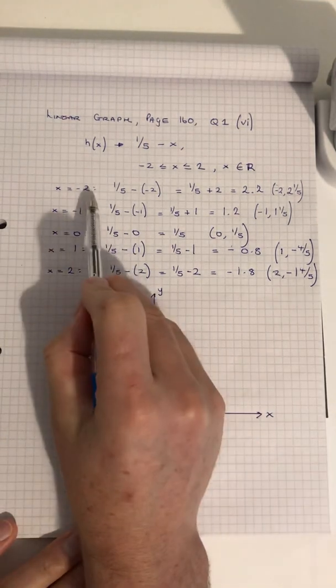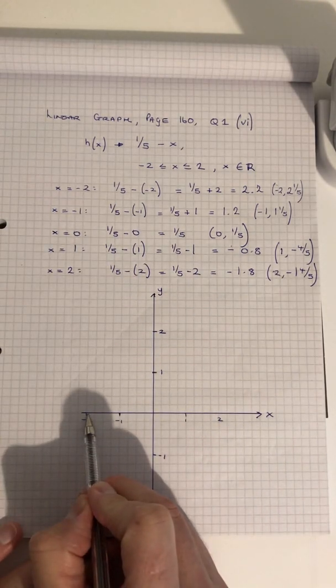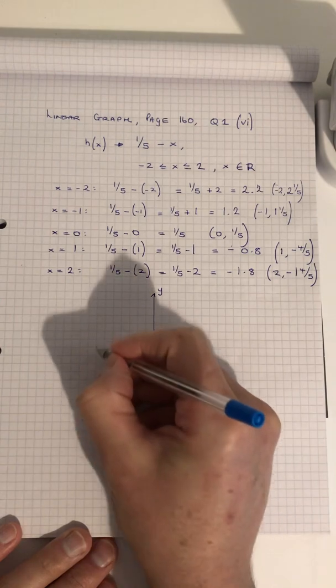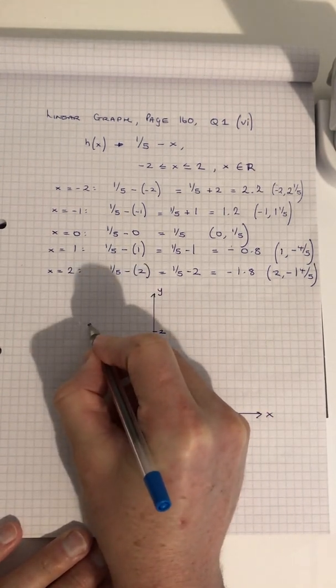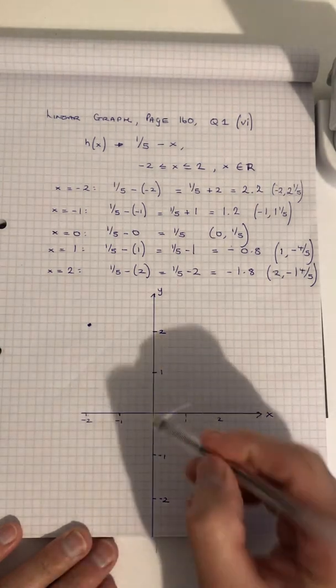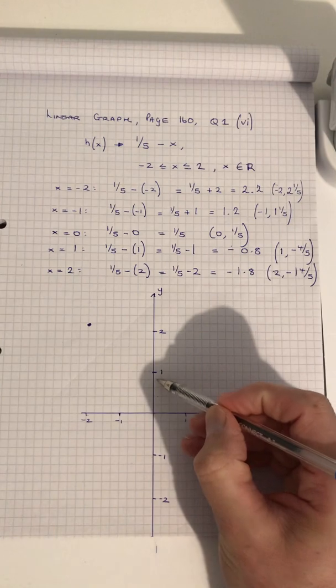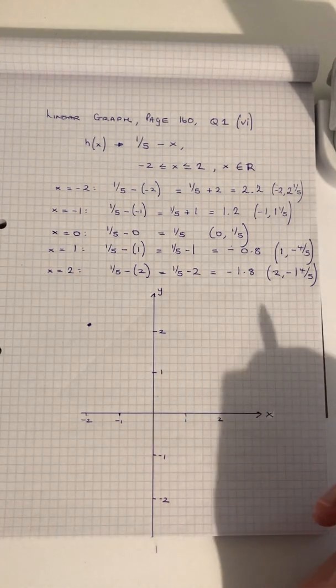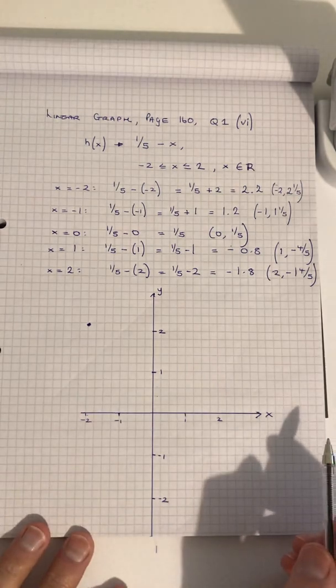So the first one is -2, so go across to -2 and up to 2 1/5. So 2 1/5 will be here. Okay, I've split the y-axis into 1/5, 2/5, 3/5, 4/5, 5/5. Okay, so the 5 boxes might help there.